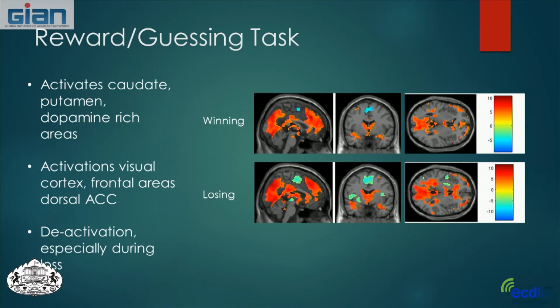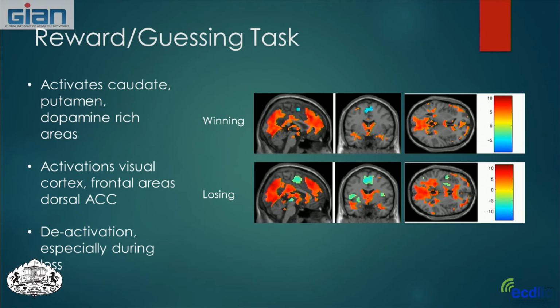This task actually has some really strong activation. I didn't show you the anticipation, but I'm showing you the outcomes here. And you can see, again, this is a group of a lot of people put together, and how strong this winning effect is. We have the sagittal, the coronal, and the axial slices.